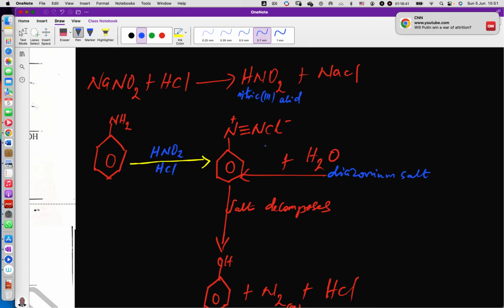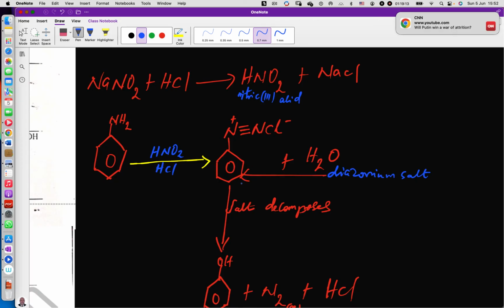Now we take the nitrous acid and react it with the phenylamine. With the phenylamine, a salt with charges is formed, and we call this salt a diazonium salt.